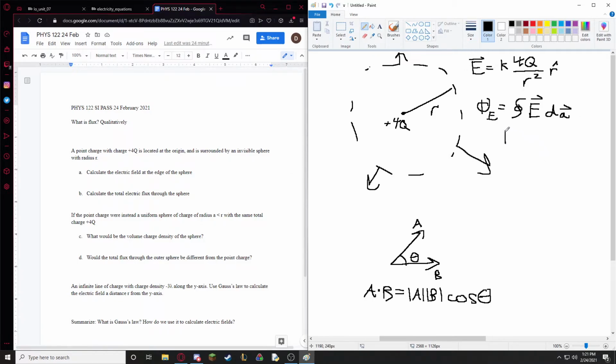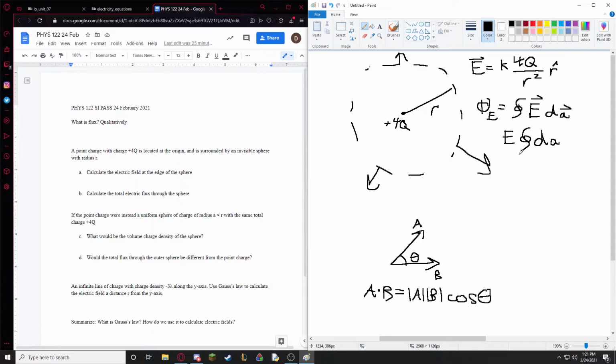So we can just go ahead and pull our electric field out, and actually we don't have these vector signs anymore because remember it's just the magnitudes. So E times the integral of dA.